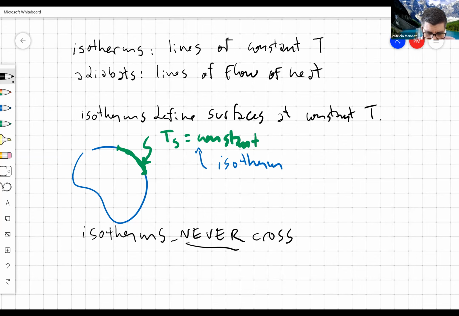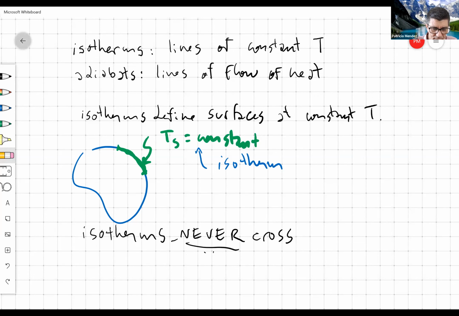That also means that isotherms are parallel to other, you know what? Let's not say this because it's going to confuse. Let's better show it in action.